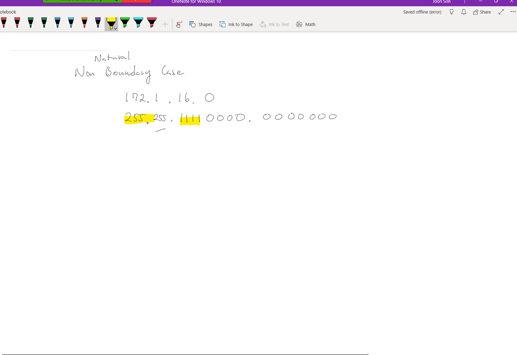We can draw the boundary at that point, so let me draw the line here. This is the network portion, and this is the host portion, because the subnet mask tells you where we can draw this boundary. The left side is the network side, and the right side is the host portion.